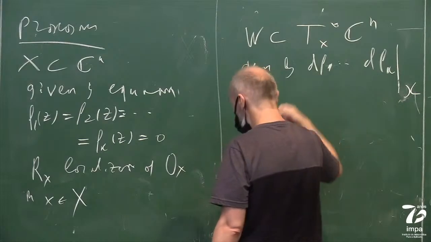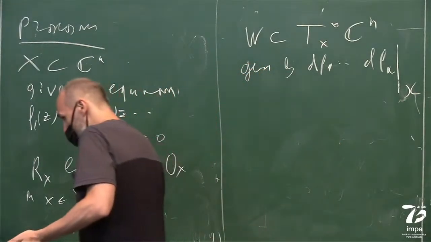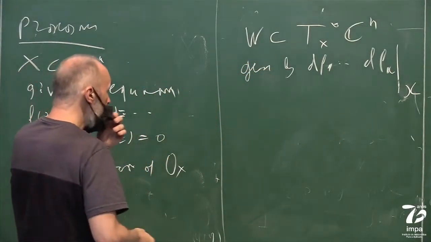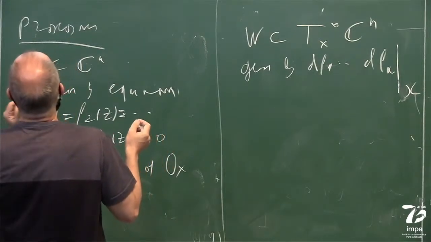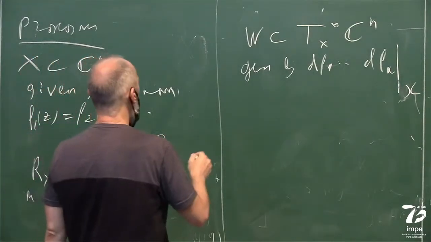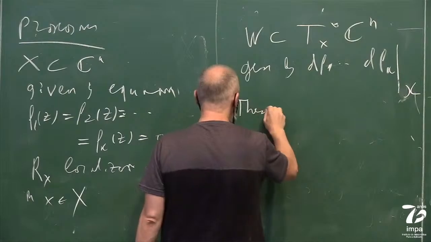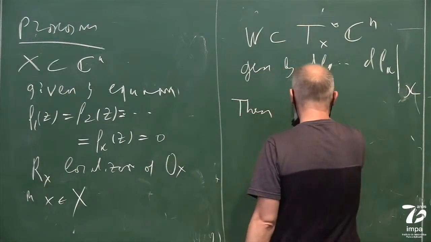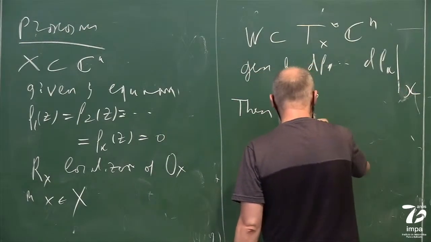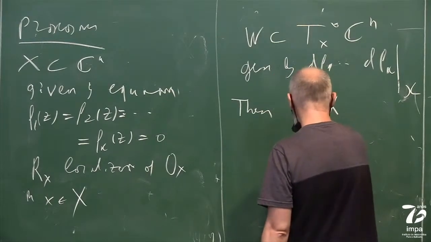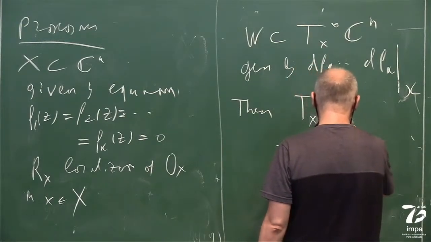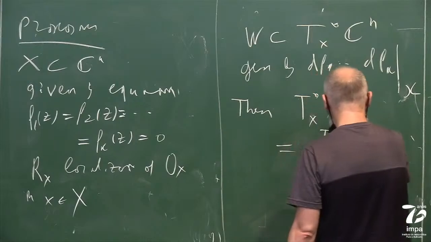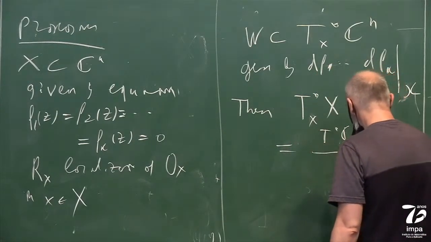So we consider fi as polynomial functions on Cn, and we take their differentials in the usual sense. Then the Zariski cotangent space, T star X of X, is T star Cn by W.